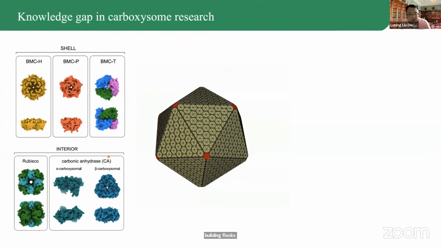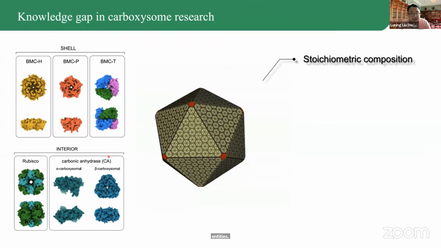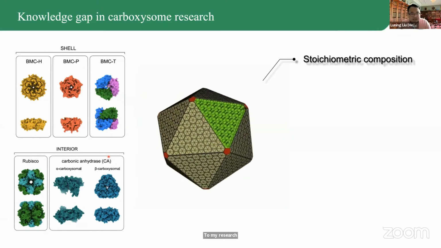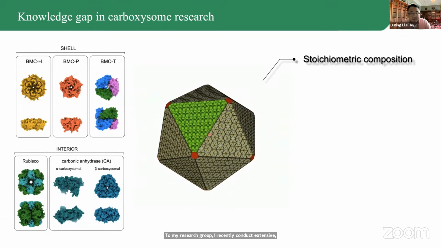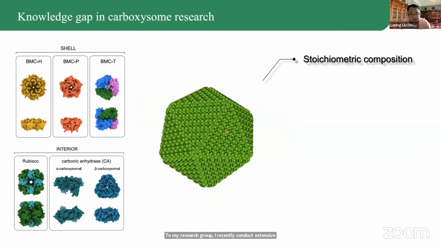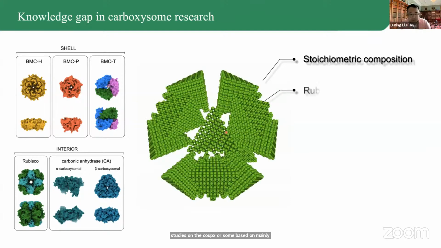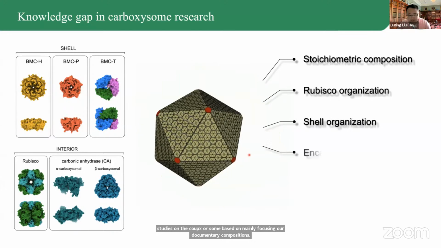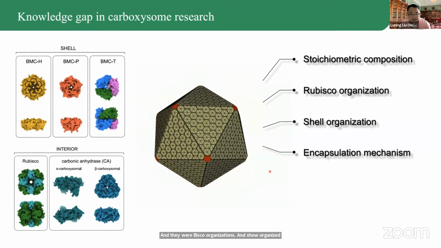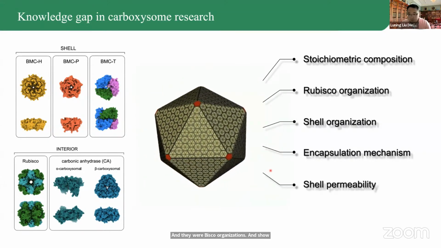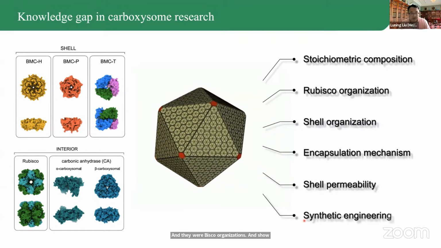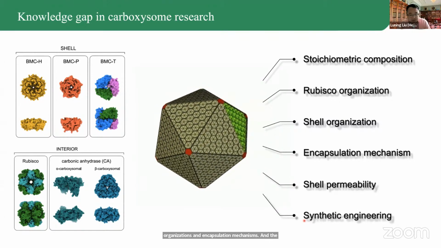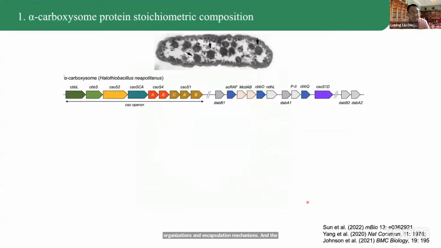So my research group has recently conducted extensive studies on the carboxysome, mainly focusing on stoichiometric compositions, Rubisco organization and shell organization, encapsulation mechanisms, shell permeability functions, and also engineering of the carboxysome in plants and ecosystems.